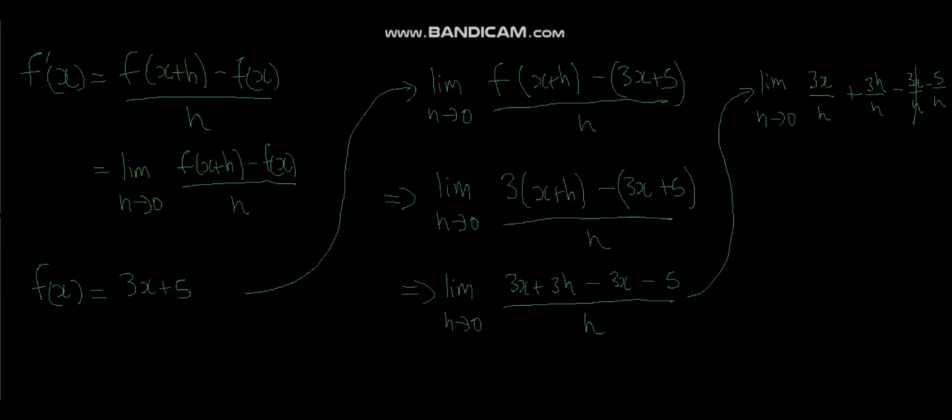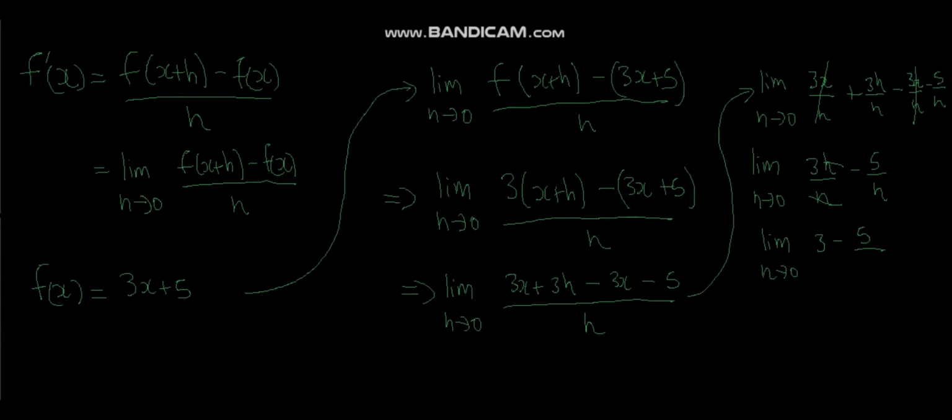Now this and this would cancel, leaving the limit as h approaches 0 of 3h all over h minus 5 all over h. Now this would cancel, leaving the limit as h approaches 0 of 3 minus 5 all over h.